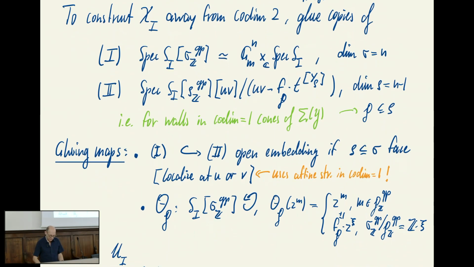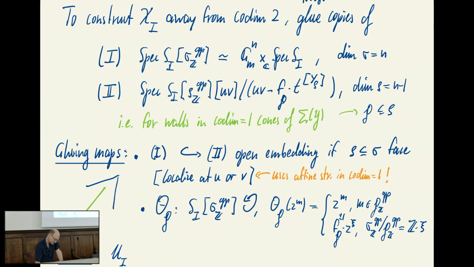The more interesting ones are these wall crossing automorphisms that actually look like cluster transformations. Namely, whenever you have 2 of these copies separated by a wall, so something like this. There's this sigma. Actually, that should be simplicial, I'm not writing something simplicial, that's bad. So let's start again.